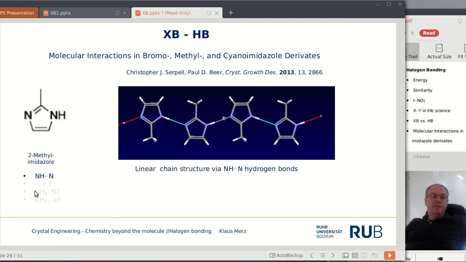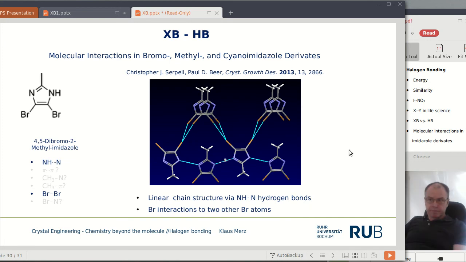In the case of the methyl substituted compound, we see exactly the same. If you look at the crystal packing in detail, you will see a little bit of shortening of this interaction, but not more. The molecular arrangement is comparable to imidazole. So the methyl group by itself has no real impact on the crystal packing.